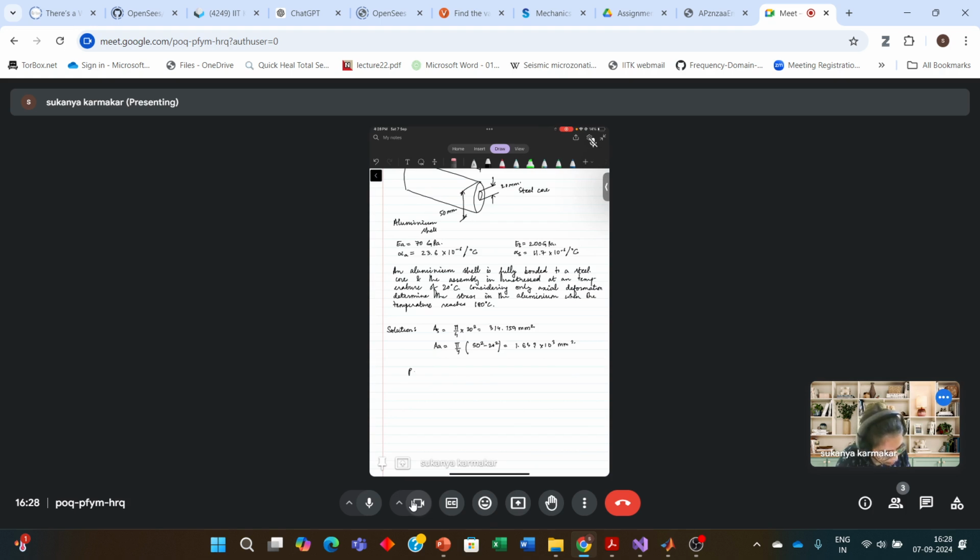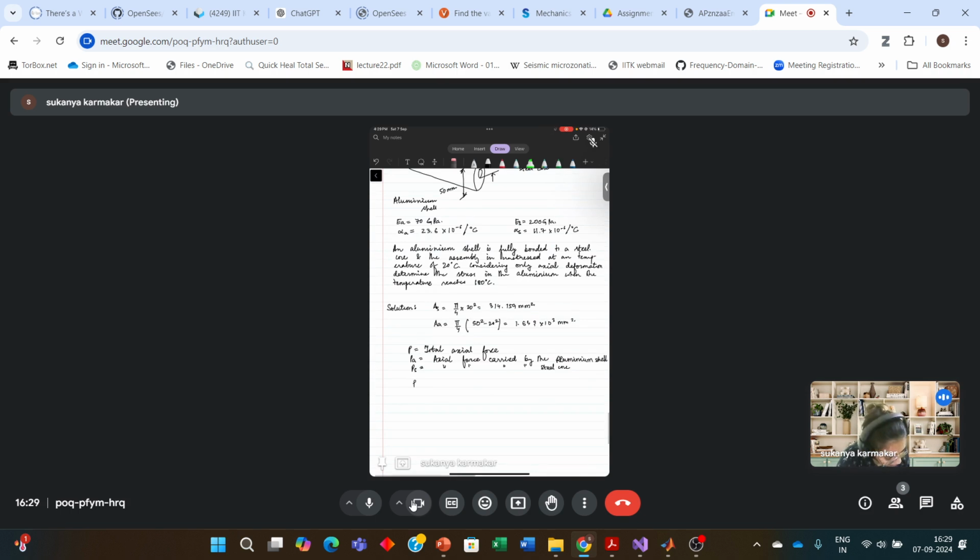Let P be the total axial force, PA be the axial force carried by the aluminium shell, PS be the axial force carried by the steel core.